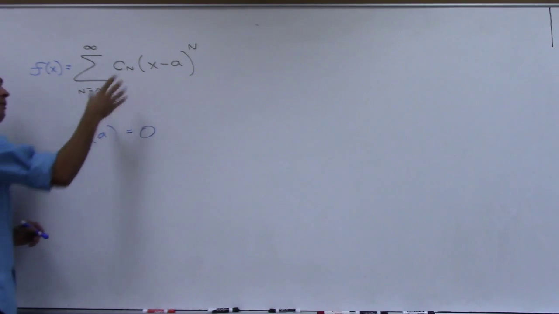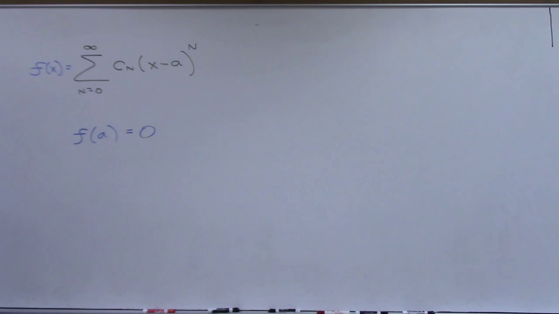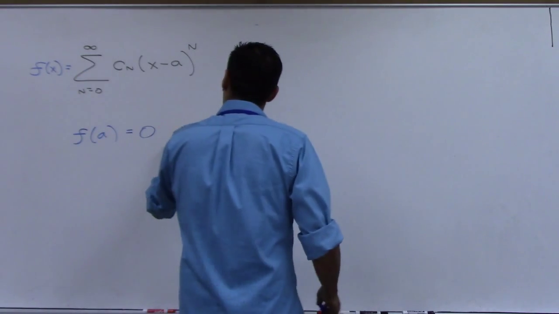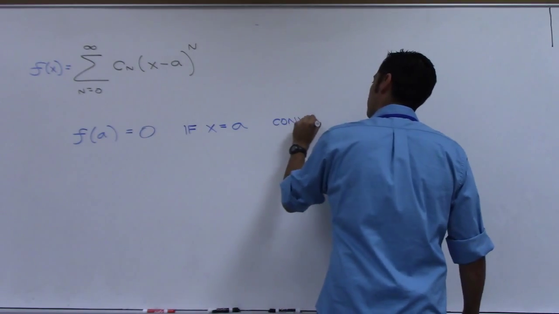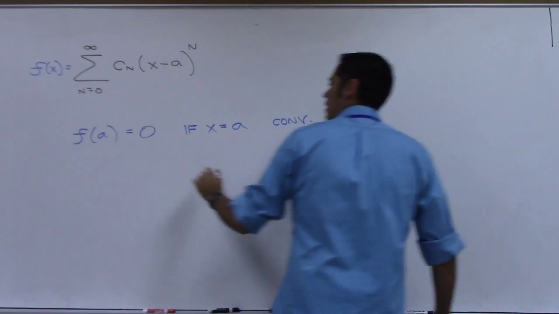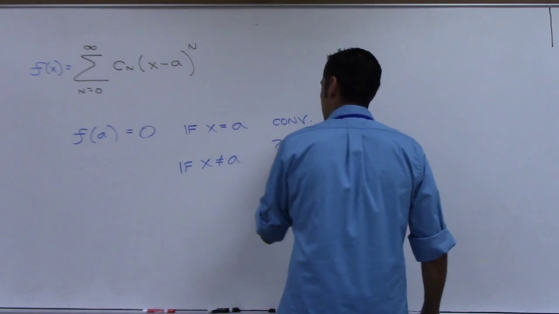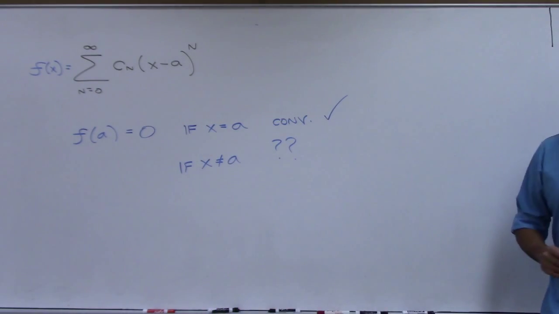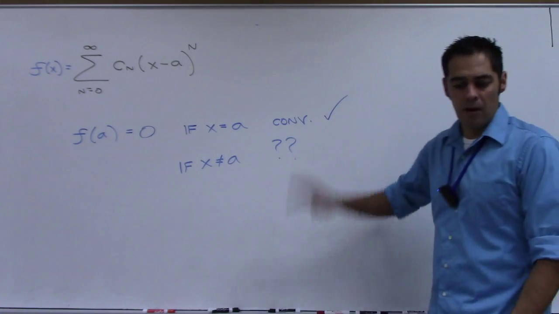So anytime I have a power series, if I plug a in, it converges. The big question for us is what if x isn't a? So if x equals a, convergence guaranteed, convergence for sure. If x is not a, that's what we want to know. That works for every power series out there.